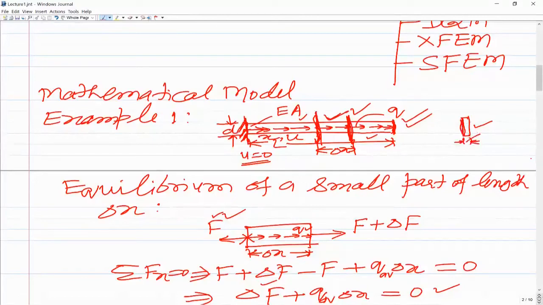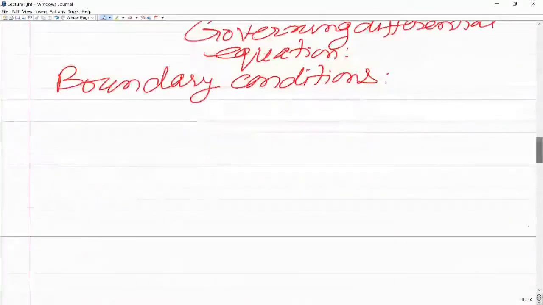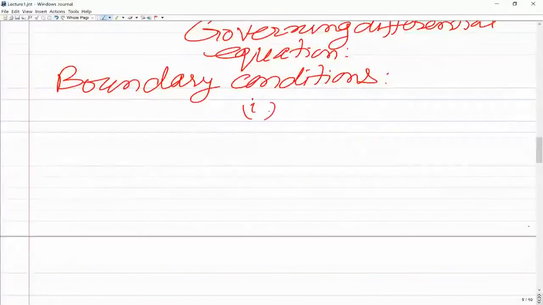The force there is F, which is sigma xx into A, and sigma xx is E into epsilon xx, and epsilon xx is du by dx. So ultimately, du by dx is going to be 0 at the right side. So boundary condition number 1 is that u equal to 0 at x equal to 0.